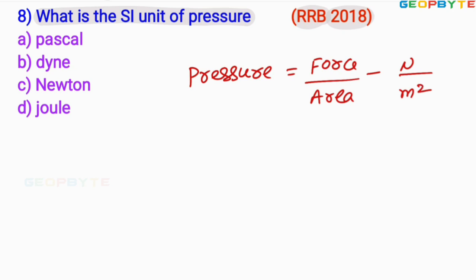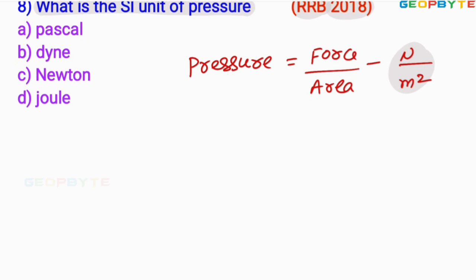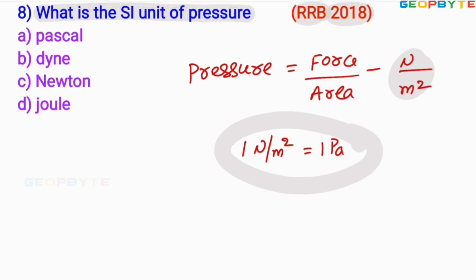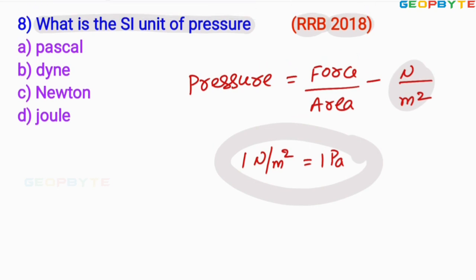Newton per meter square is the unit of pressure. Of course, the same unit is for stress and Young's modulus also. Remember, 1 Newton per meter square is equal to 1 Pascal. Since 1 Newton per meter square is equal to 1 Pascal, the SI unit of pressure is Pascal. Look at option A. Option A is absolutely correct.